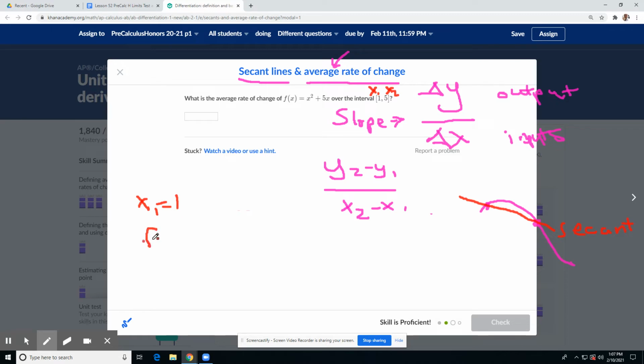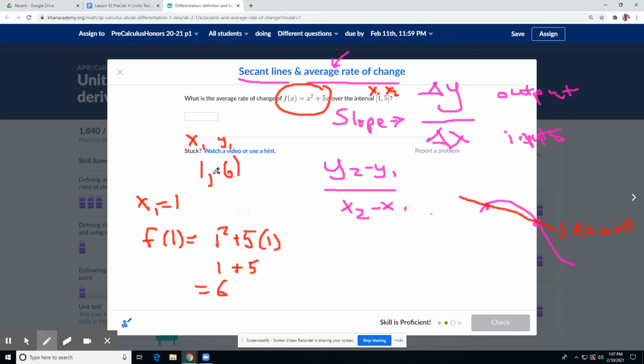Plugging that into our function, f of 1 is equal to 1 squared plus 5 times 1, which is 1 plus 5, equal to 6. So this is the point 1 comma 6, x1, y1, my first point.